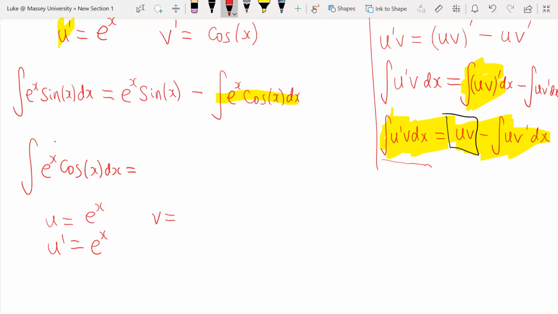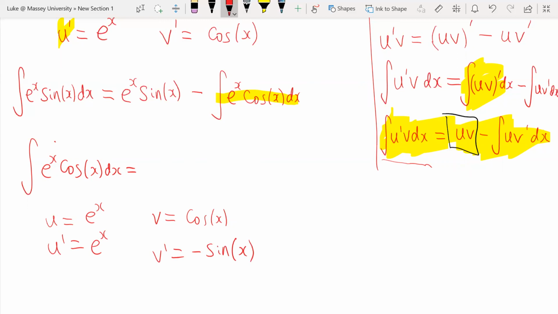Let's set v equal to cosine of x, and then v prime, differentiating cosine, we get minus sine of x. Okay, and then we're just going to apply the integration by parts formula to this integral.